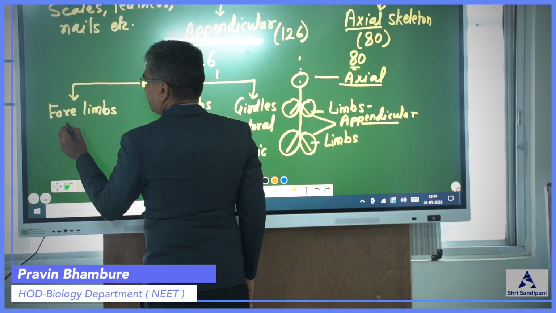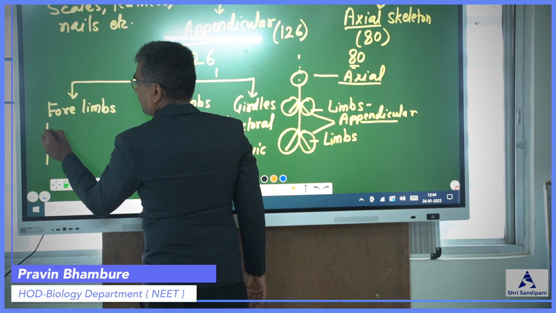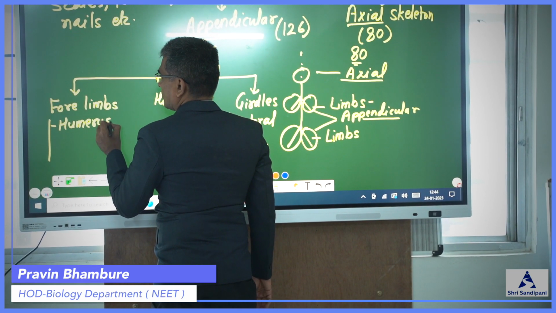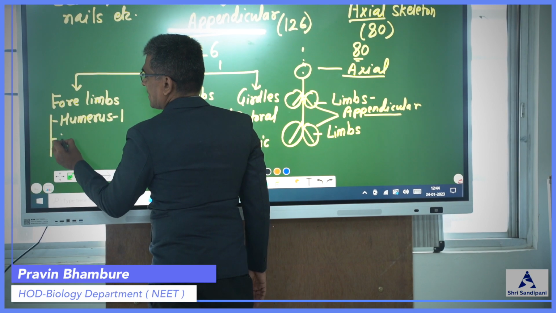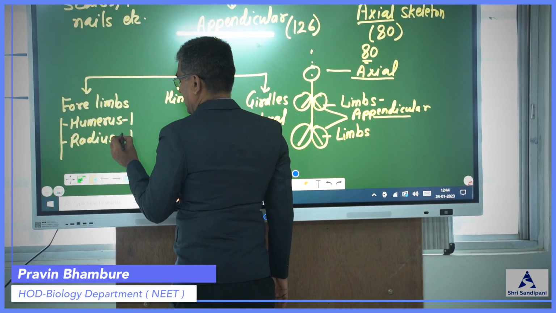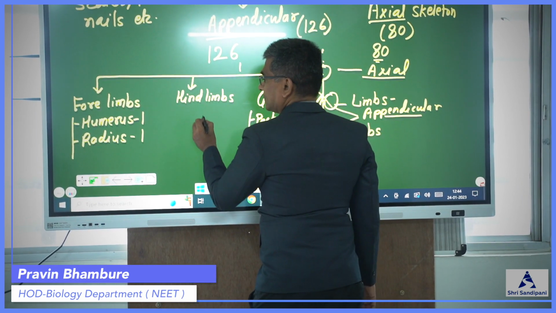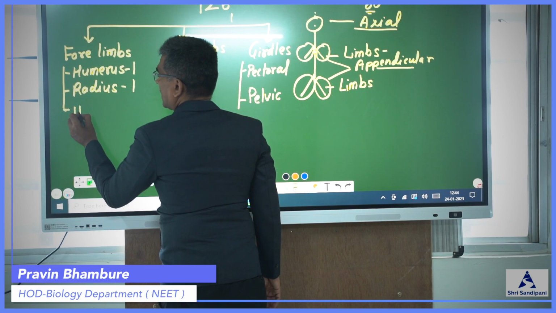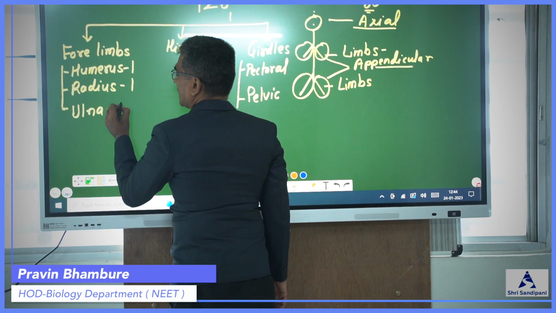So I write here what we have talked about. First, humerus bone, humerus 1. Then radius, that is 1. Next one is ulna, that is 1.